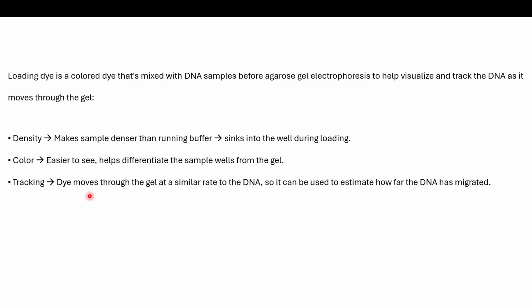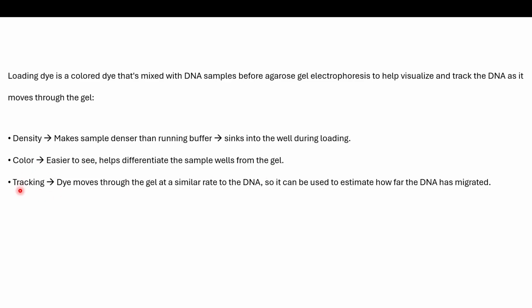Many times we have to run agarose gels with, suppose, 80 samples, 40 samples, 20 samples, and if there's no visual marker showing that my sample is in this particular well, we might end up adding a very different sample onto the same well where some other sample had previously been added. So the color helps us really see and differentiate the sample wells from the gel.